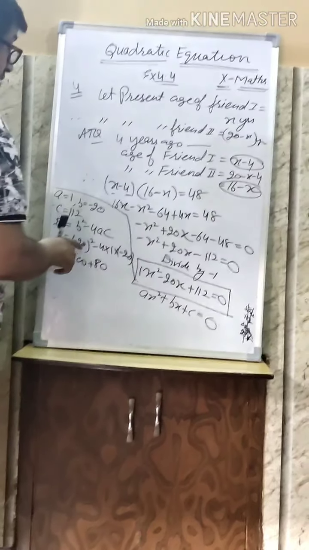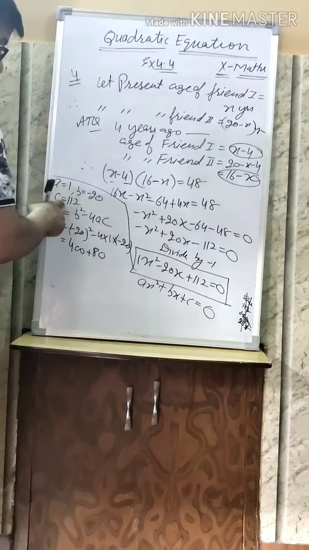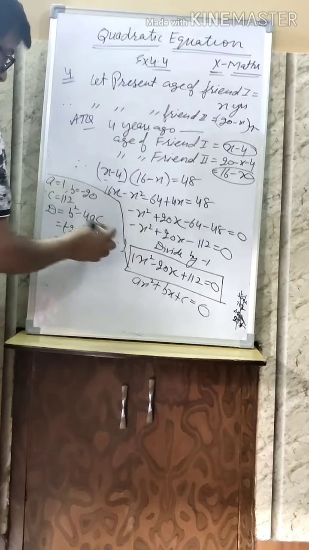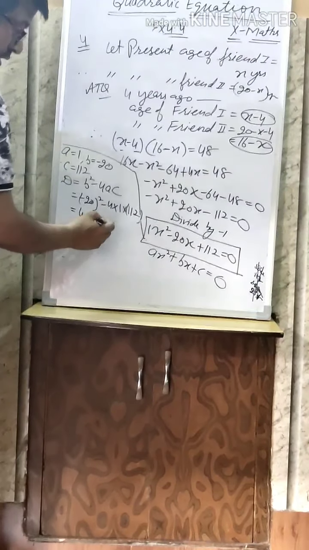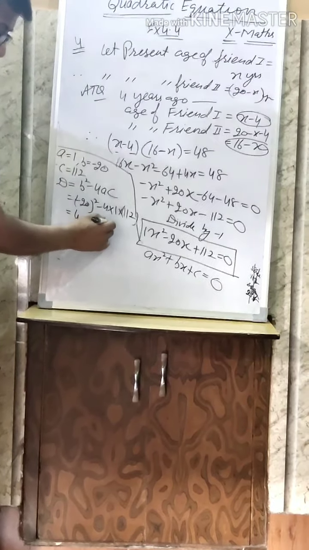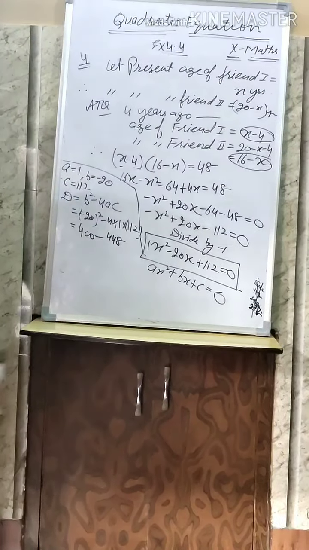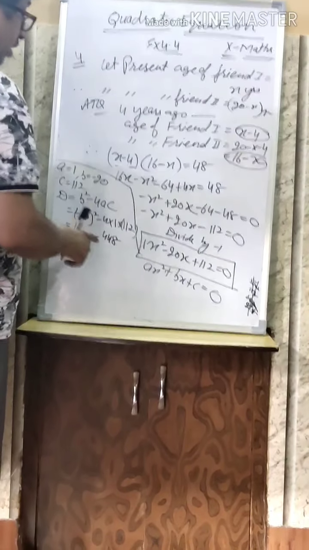You see 20 square and minus 4ac. And I think I wrote c wrong. It is 112, not 20. So it is minus 448.